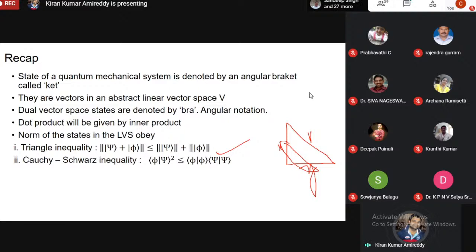But don't forget, if you take this square root, then only it will be like that. That's why the square can be cancelled. x square plus y square is equal to r square. But here it is there. So this can be there. Similarly, this can also be, we can verify using some examples. So this holds good for both the linear vector space as well as the quantum state.